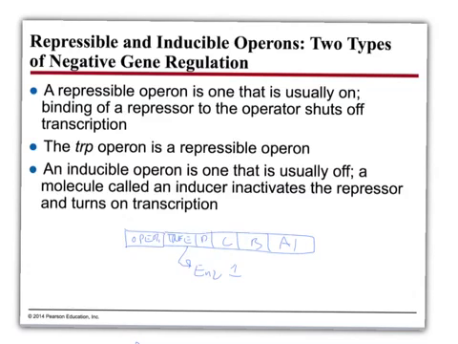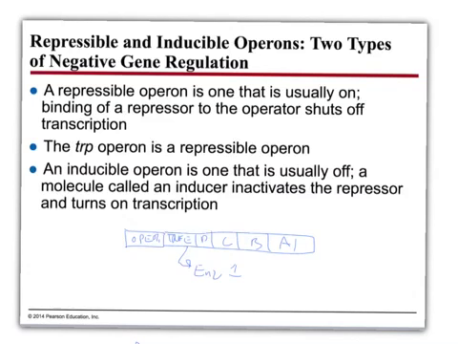Normally on to synthesize tryptophan, but it is repressible. And that's where we are today. We're going to go back over the trp operon in a minute. It's a repressible operon, meaning that it is normally on, but it can be shut off.